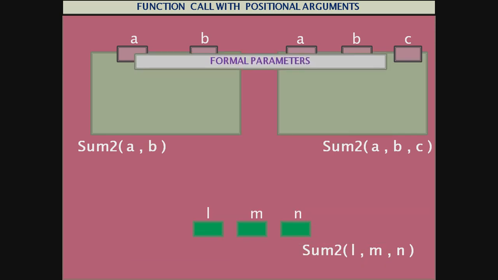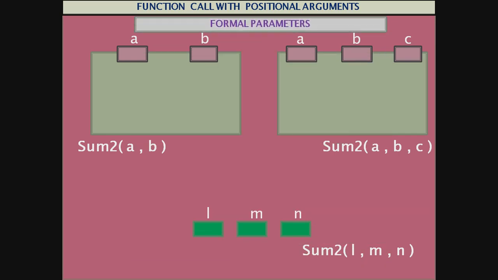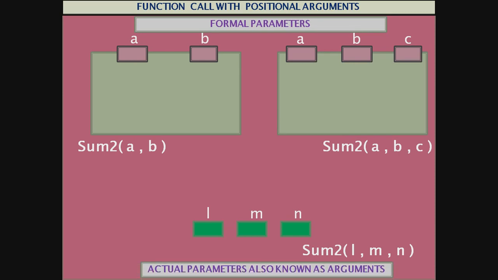And you all know that formal parameters are the parameters in the definition list, that is definition parameter list, where we define the function, and actual parameters are the parameters which we actually send while calling the function. They are also known as actual arguments.